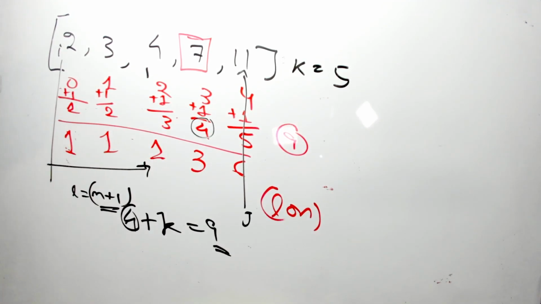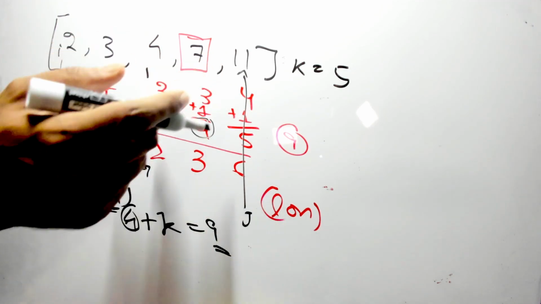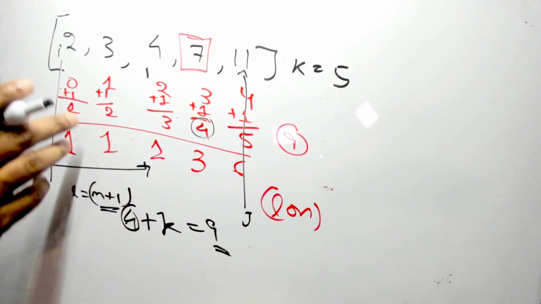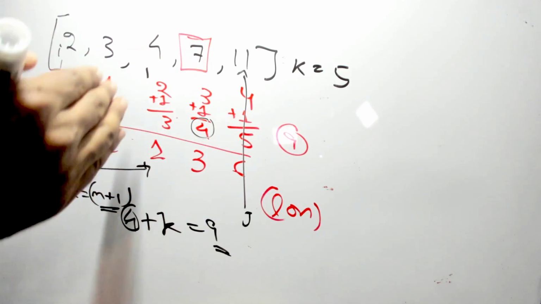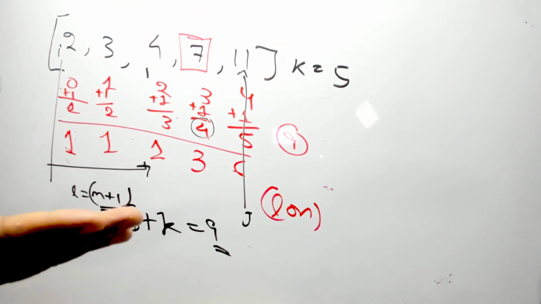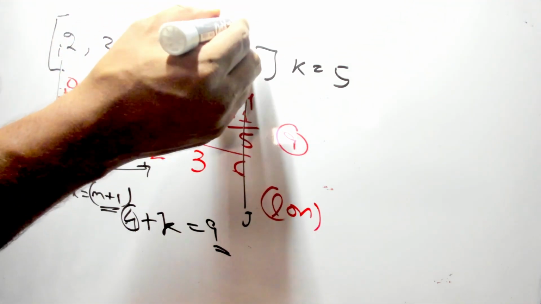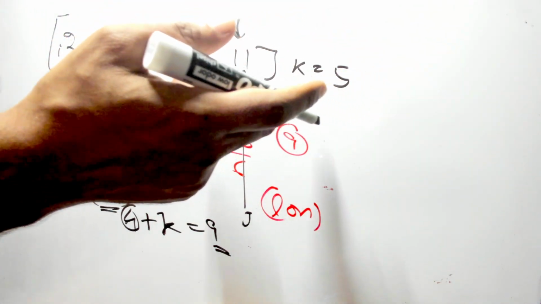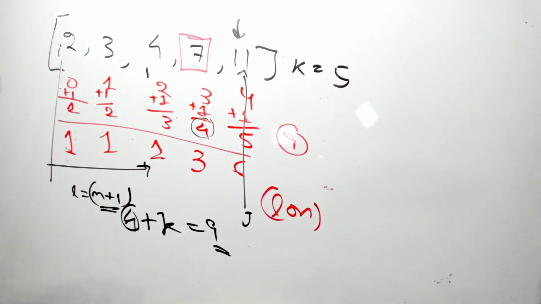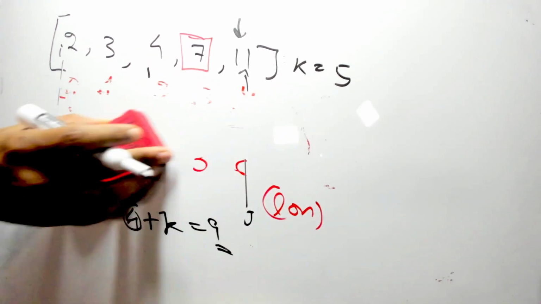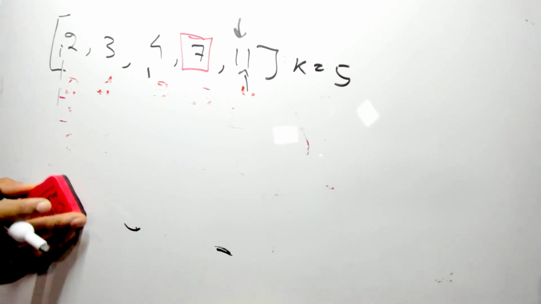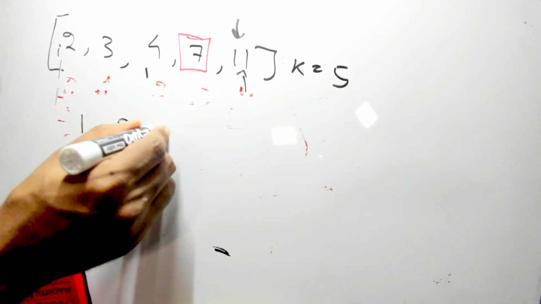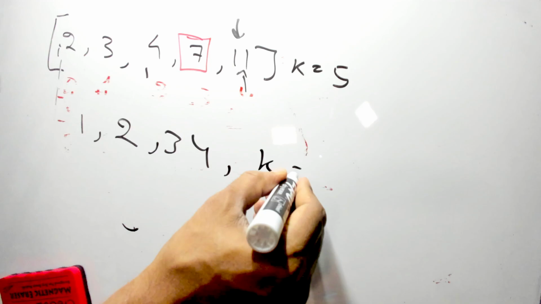This will also work if the kth value falls outside the given array, because at the end our left index will become the last one, and then from there we just have to add 2 more. For example, let me show you another example: 1, 2, 3, 4, and k is 2.